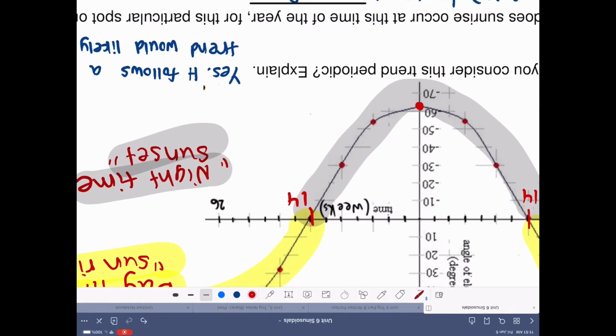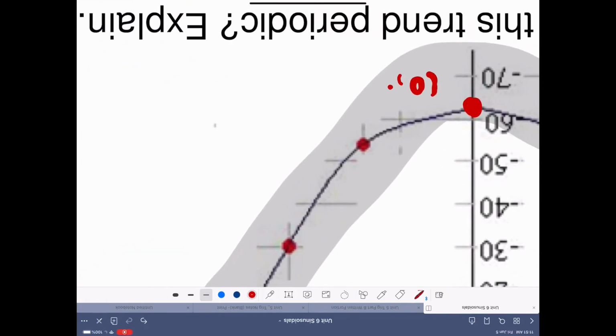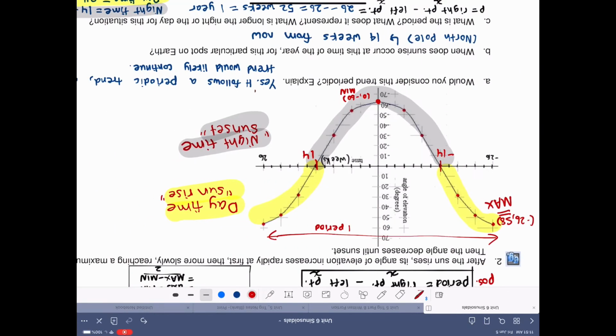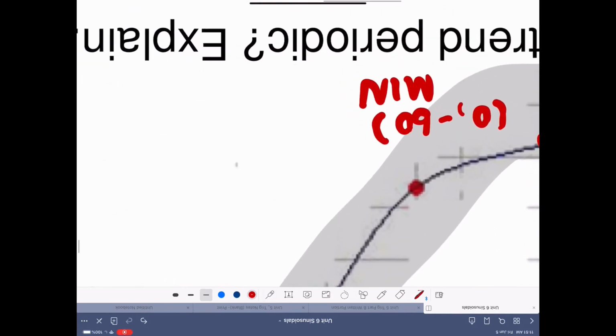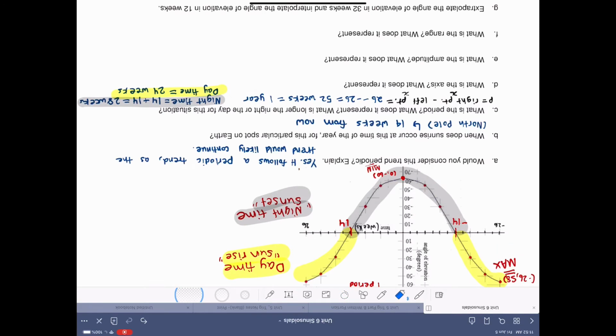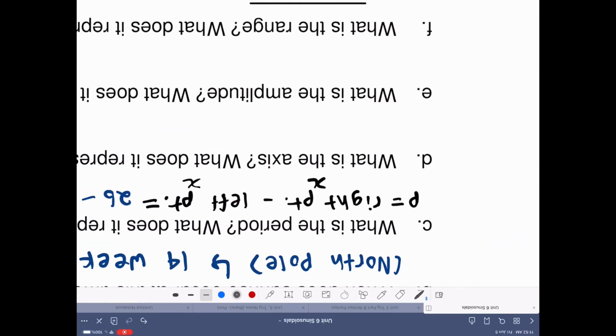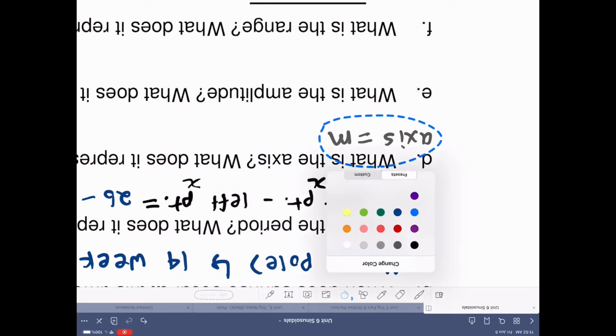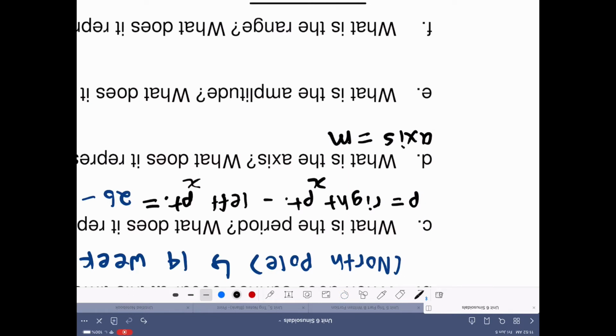So this is my minimum value, and this is 0, negative 60. So in terms of the graph I'm given, these are my max and these are my min. So the equation for the axis is equal to max plus min divided by 2.